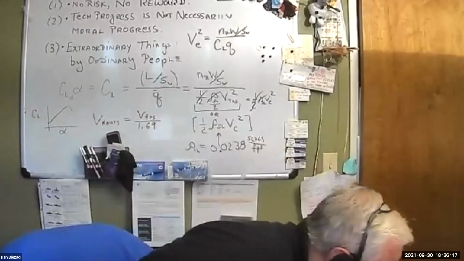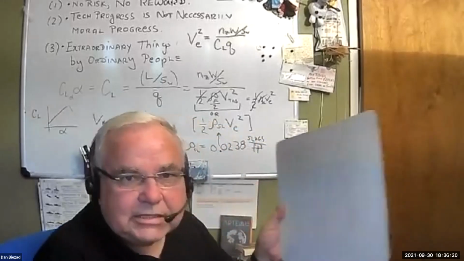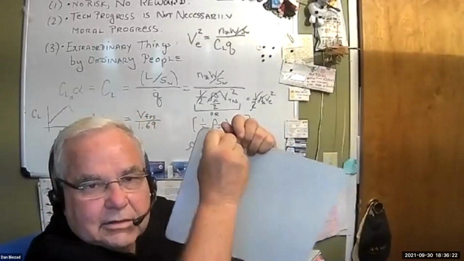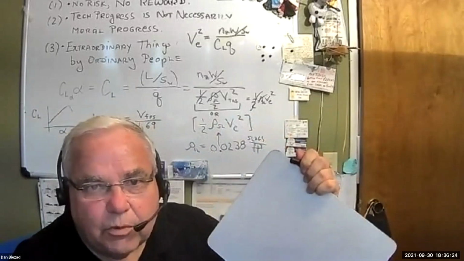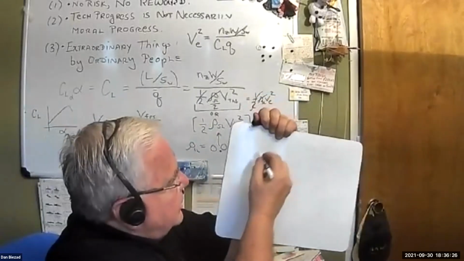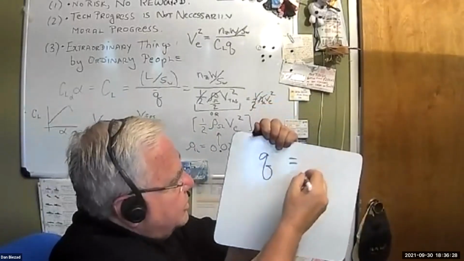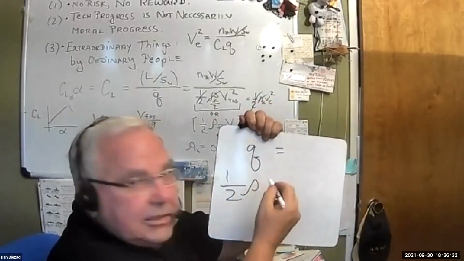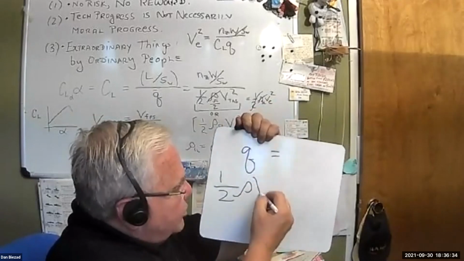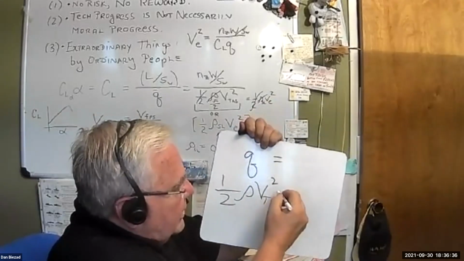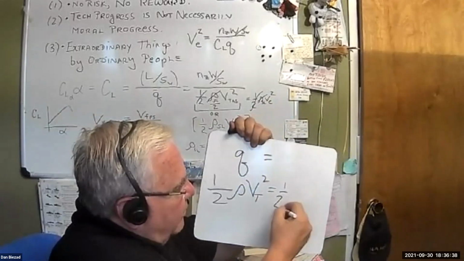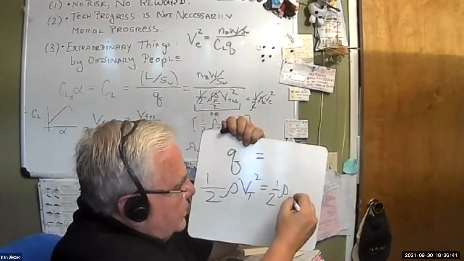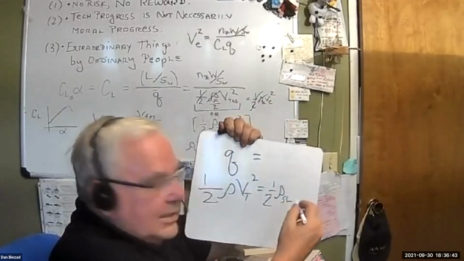Maybe you might remember in class. I don't remember which class I did it, but I said one of the very important formulas is Q, dynamic pressure, that's 1/2 density, wherever you're at, times true airspeed squared, and that equals 1/2 the sea level density times VE squared, your pressure airspeed or equivalent velocity squared, because that's how they fix the gauge.